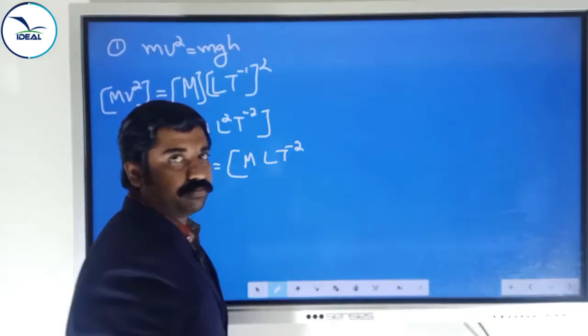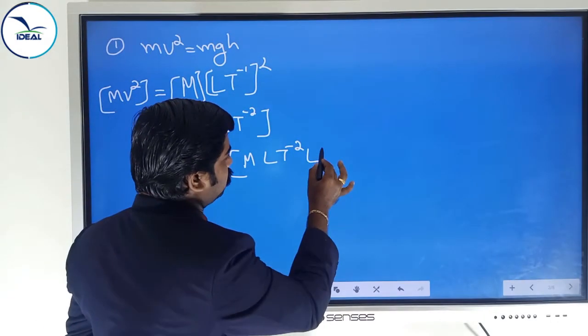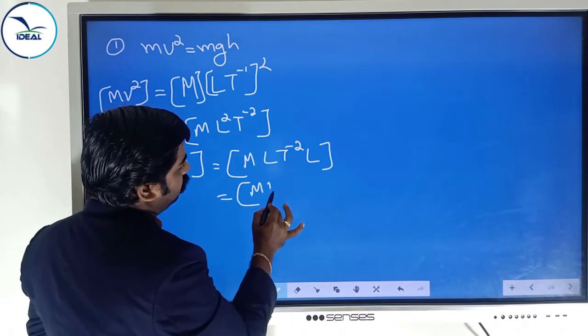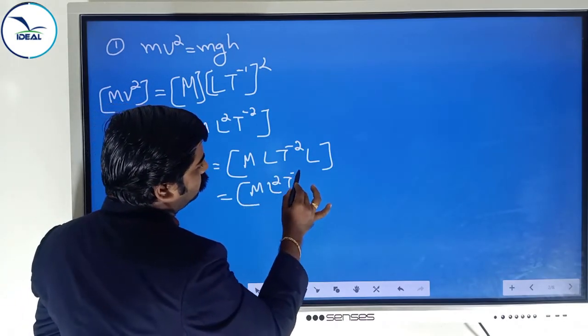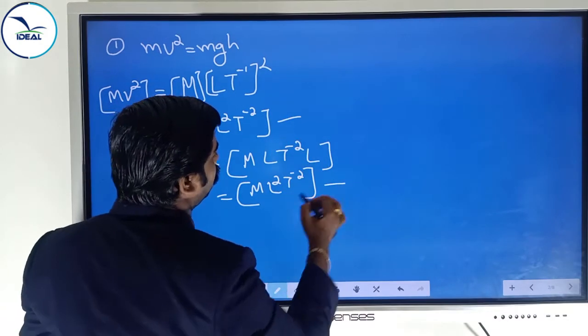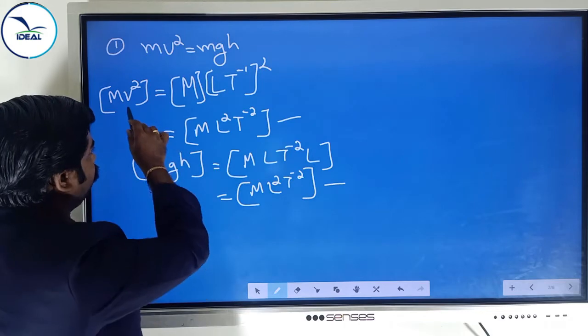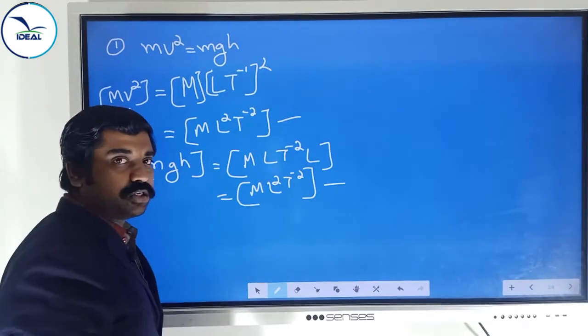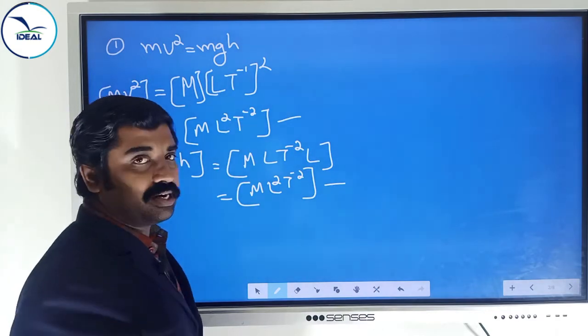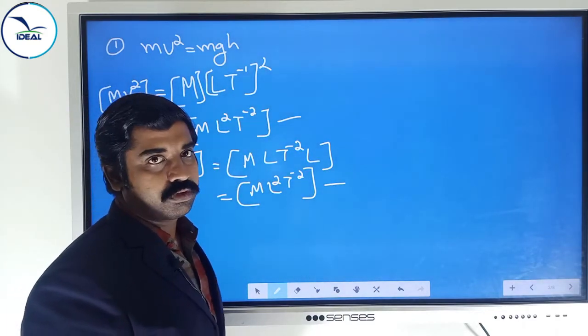Height is a distance, so its dimension is L. So it is equal to ML square T raised to minus 2. So we can say that the dimension of mv square is equal to the dimension of mgh. So this equation is dimensionally correct.